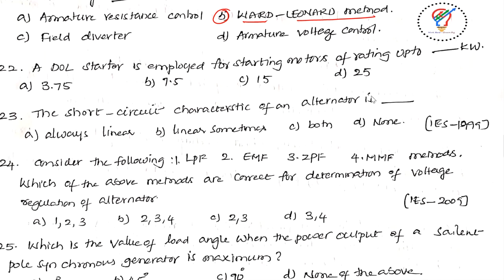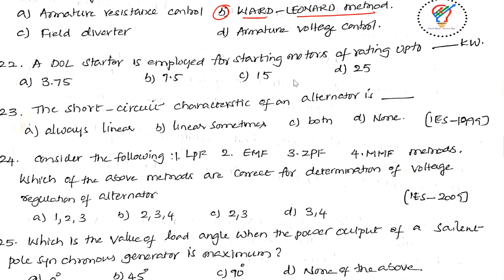Next one, the DOL starter is employed for starting motors of rating up to dash kilowatts. So the answer is 3.75. Other options are 7.5, 15, 25. So why is it? Because the DOL is a direct online starter, which is used for small rating machines.